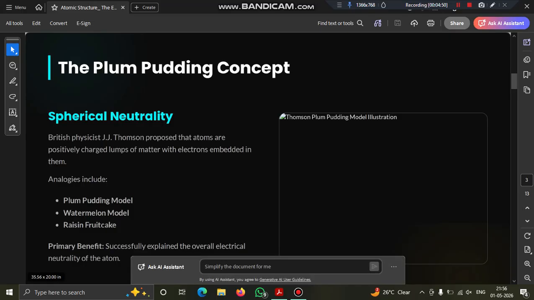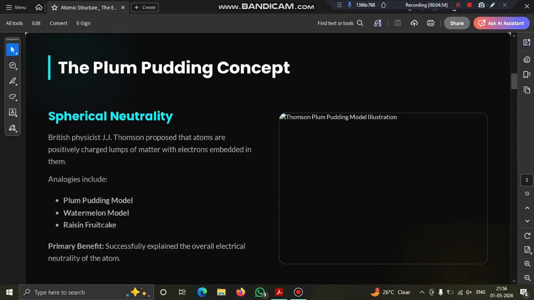So if a question comes, who proved that the atom is electrically neutral, you have to write the answer: J.J. Thomson.